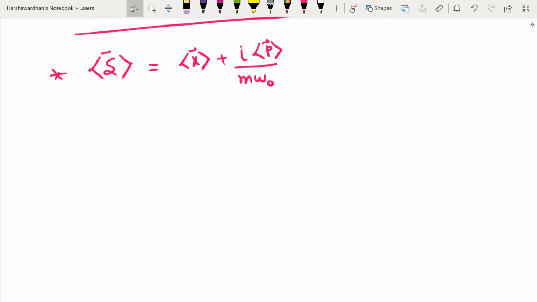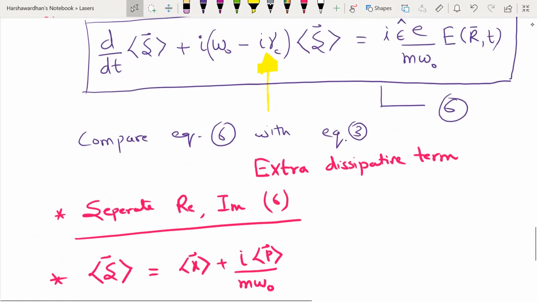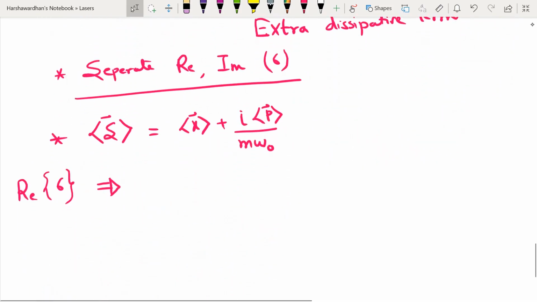So you see that the real part of equation 6 gives me the following. I have to plug in all the real and imaginary parts. I urge you to do the details.